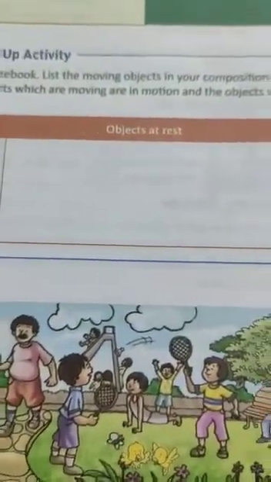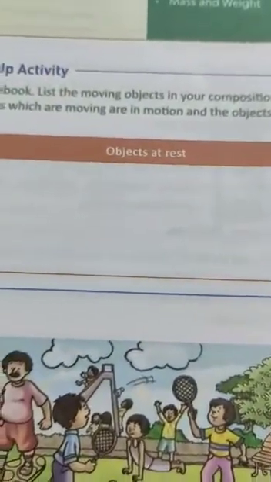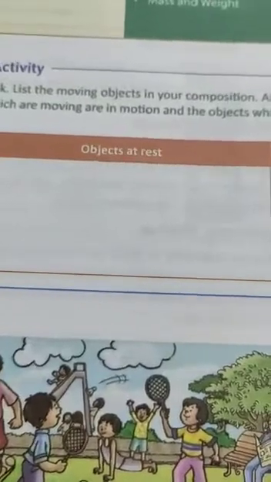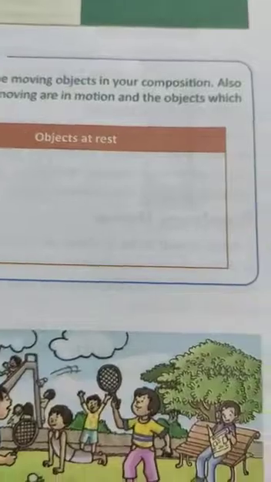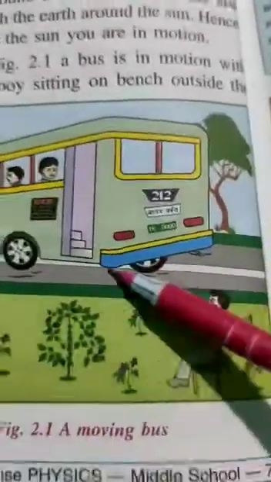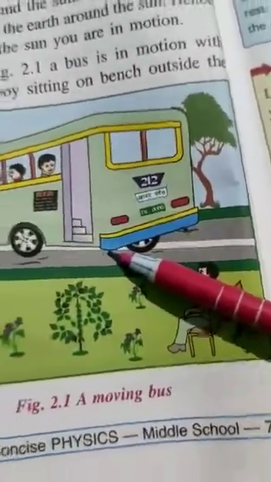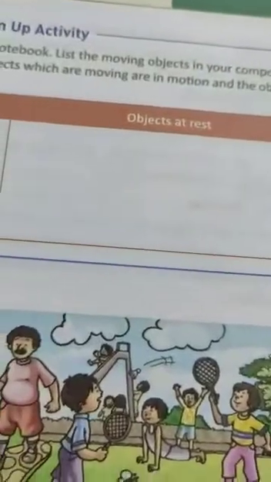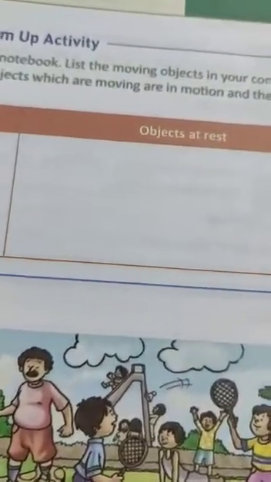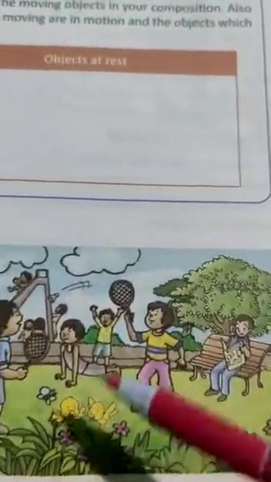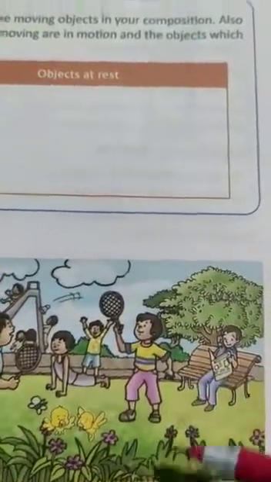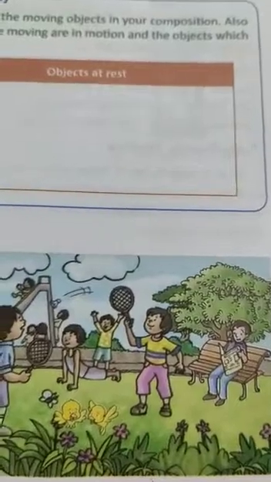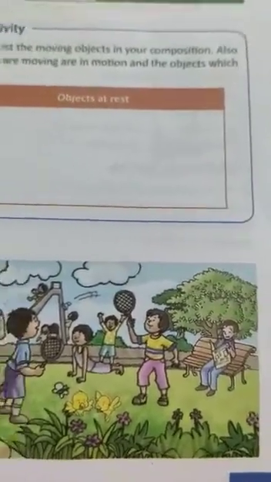So we find that many things around us move from one place to another, like a flying bird, a moving bus. You can see this picture. Okay, a boy playing football, the oscillating pendulum of a wall clock, a moving train, a sailing ship, a walking man, etc. Many are there.